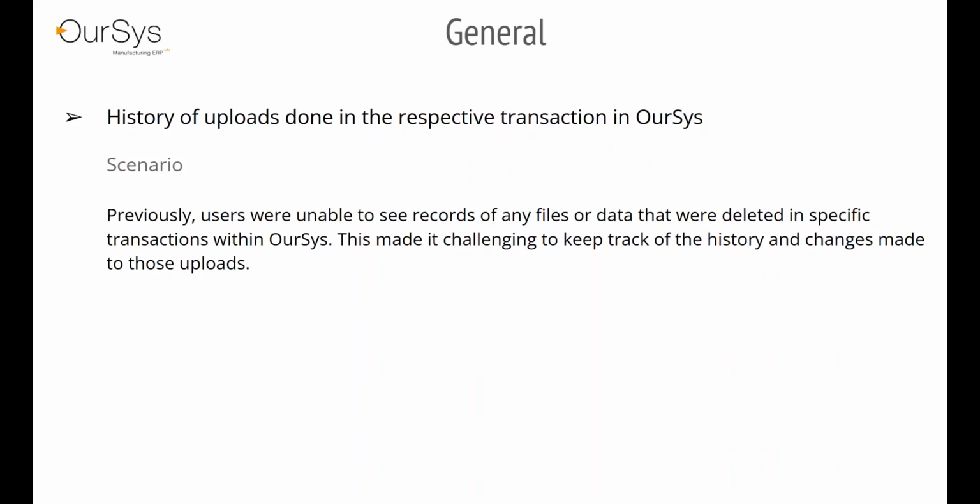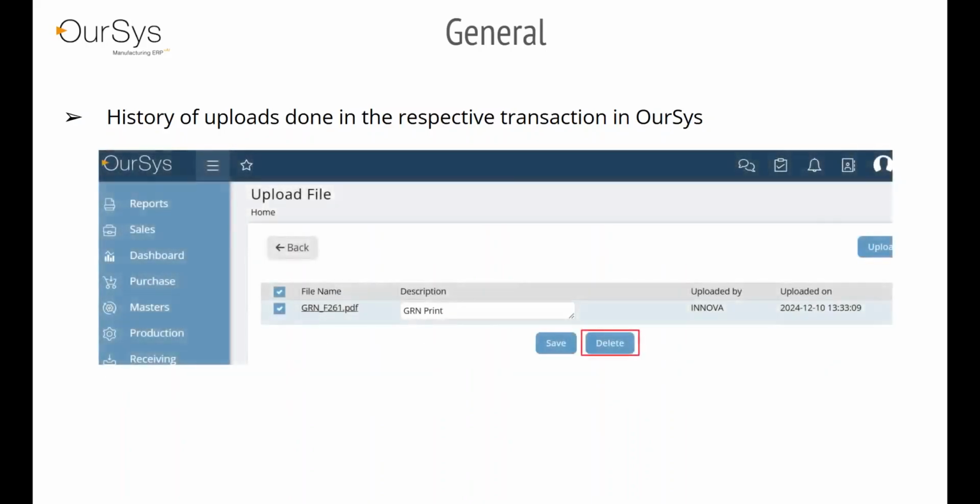So now in OurSys, we keep a record of the uploaded document in the comment section if any user deletes the document. So here you can see I have uploaded a document and now I am deleting that print. Here you can see in the comment of the transaction, the document name appears as a record.